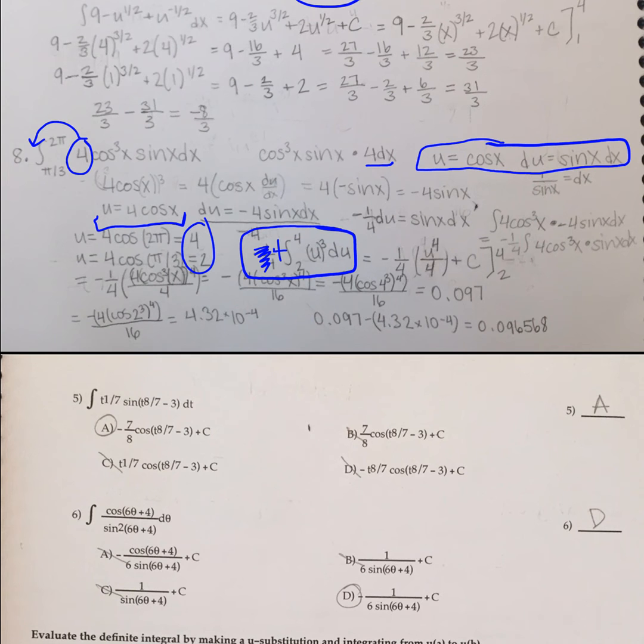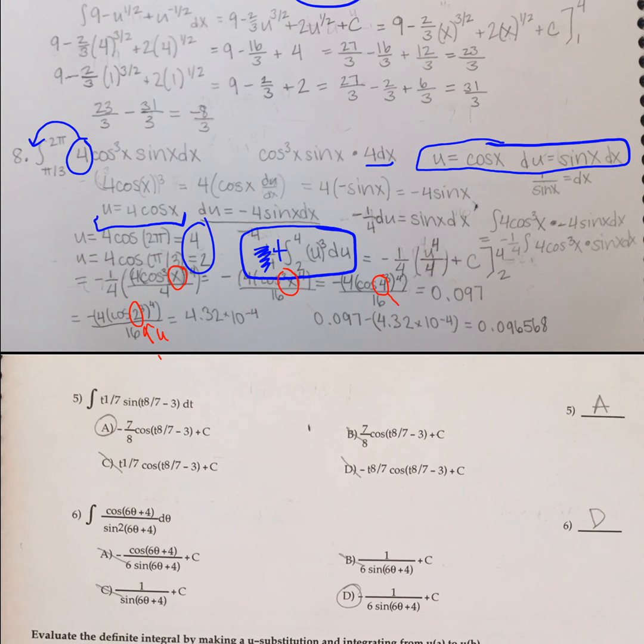But what happened here, let me change my pen to something a little bit smaller size maybe. What I'm noticing is that right here, let's see the best place to put it, like right here, you put it back in x, but then you put in your new u limits.